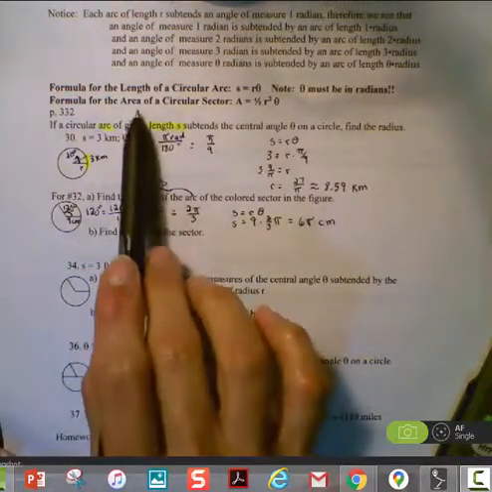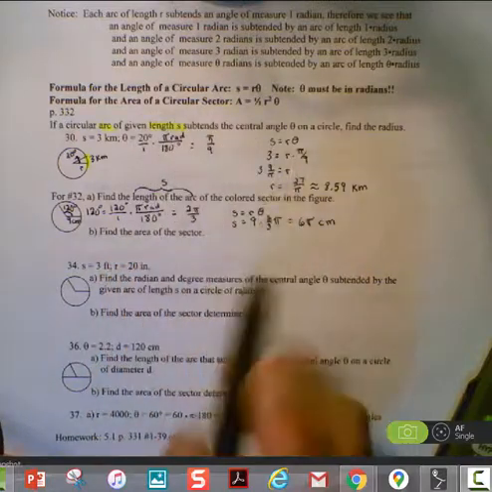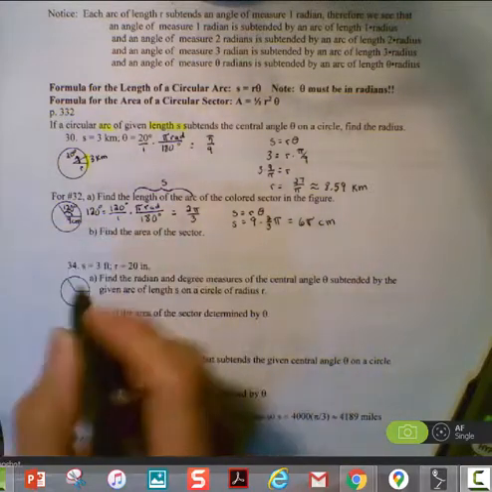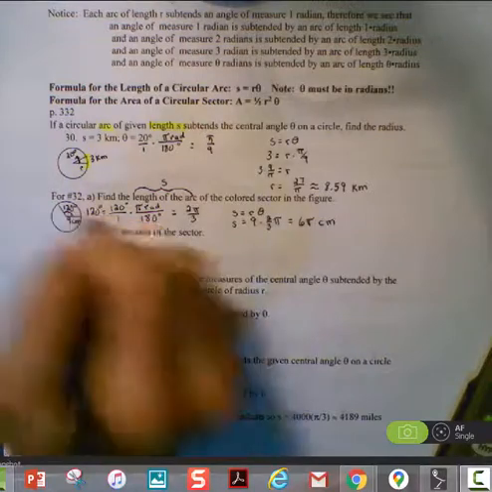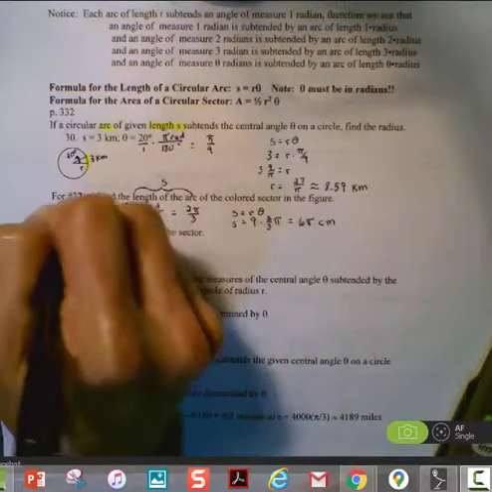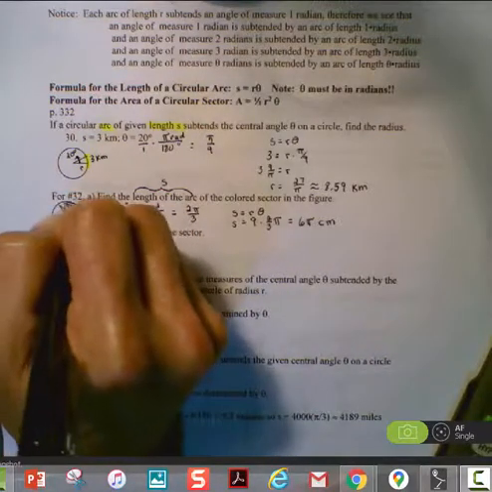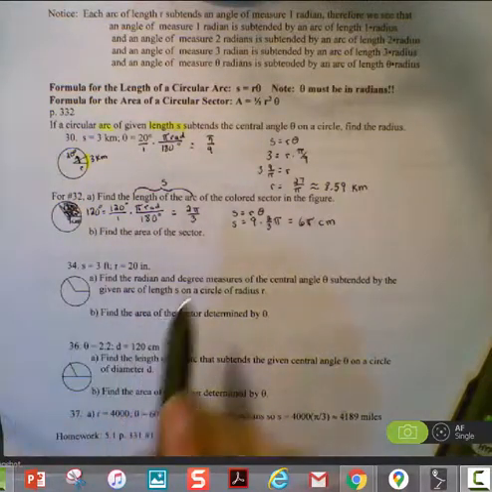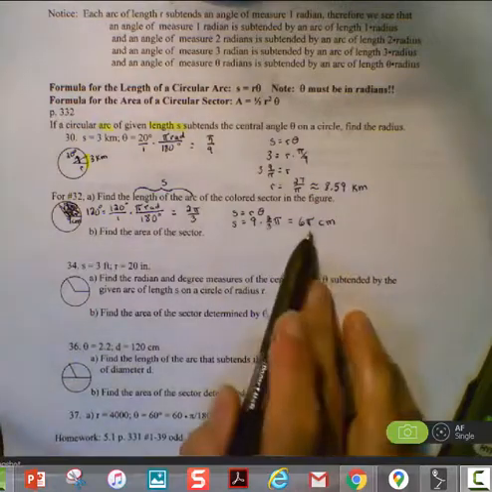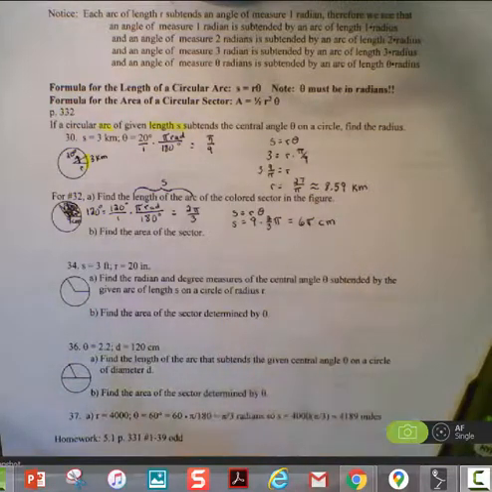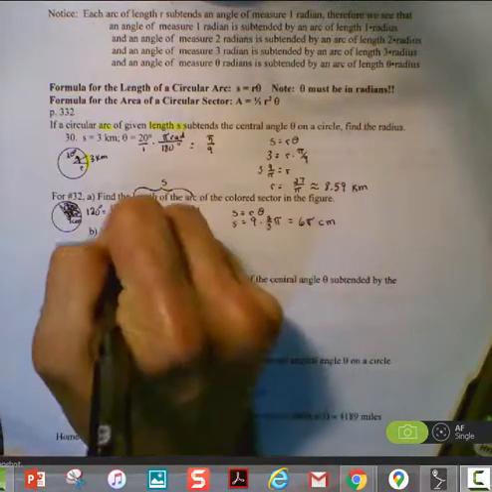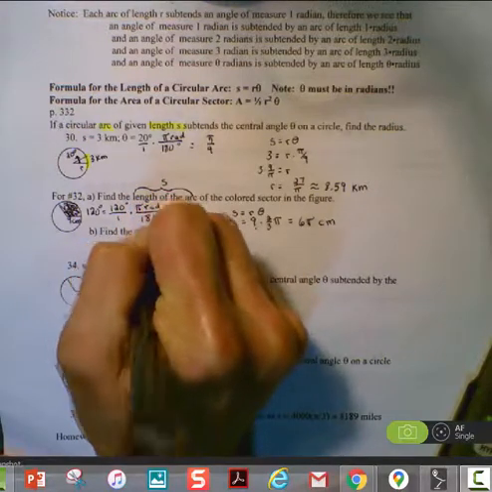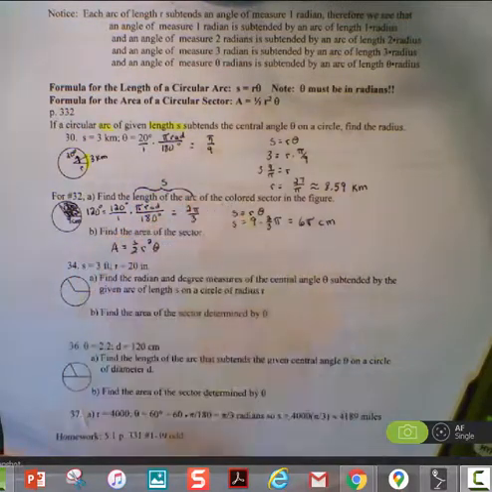The formula for the area of a circular sector, that's the area. For example, in the A part here, it's the area of that circular sector. So the units in our answer are going to be centimeters squared rather than just centimeters, and we're going to use the formula A equals 1/2 r squared theta.